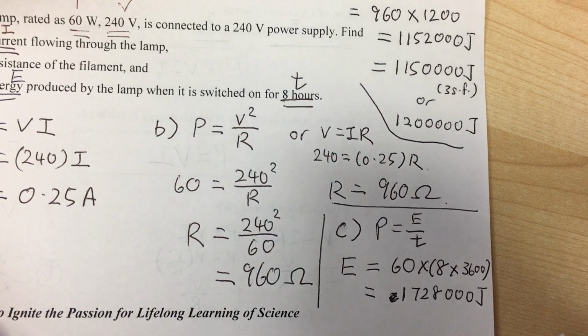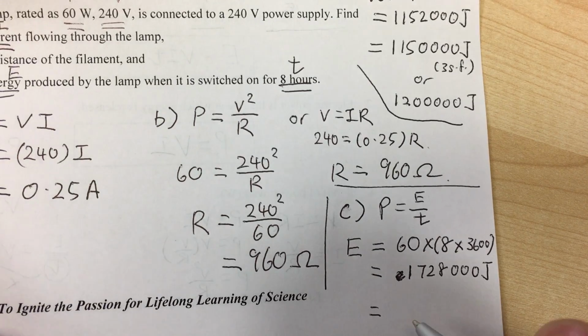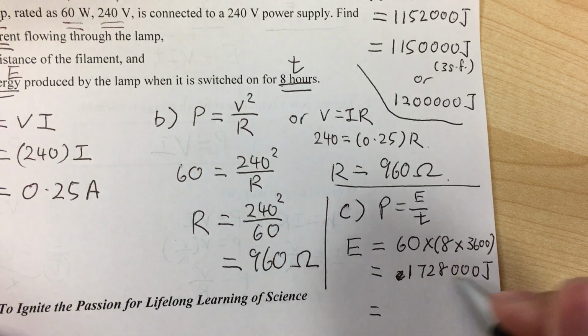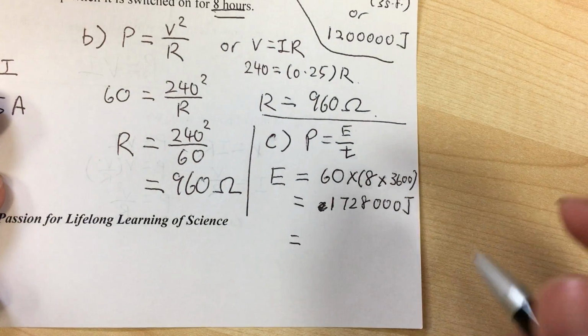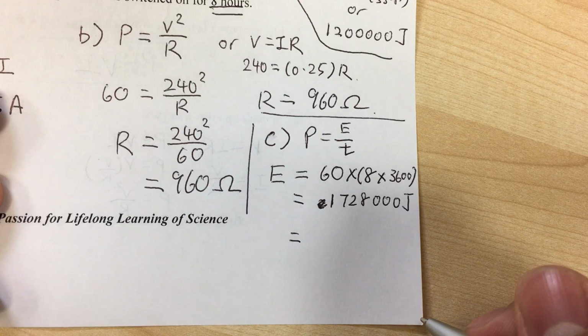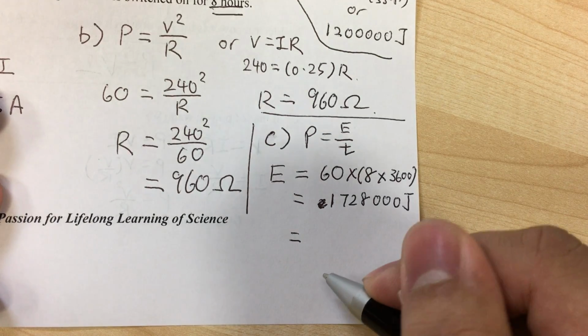1,728,000 joules. Now you notice that the value here is not 3 significant figures, so please round it off to 3 significant figures or 2 significant figures.